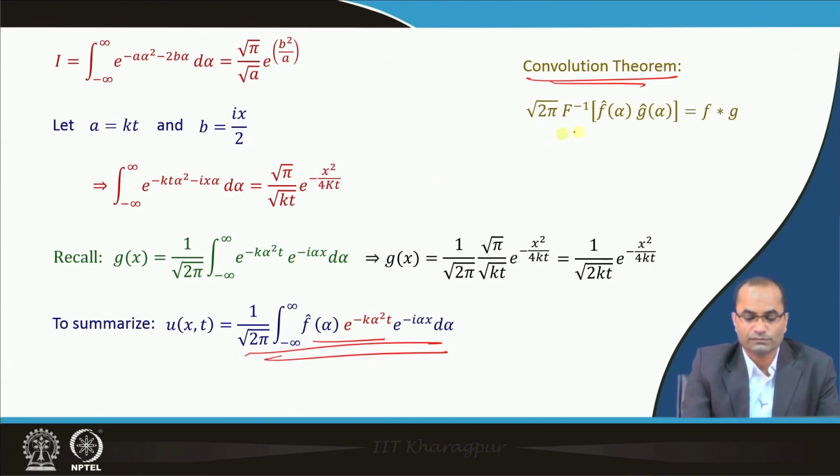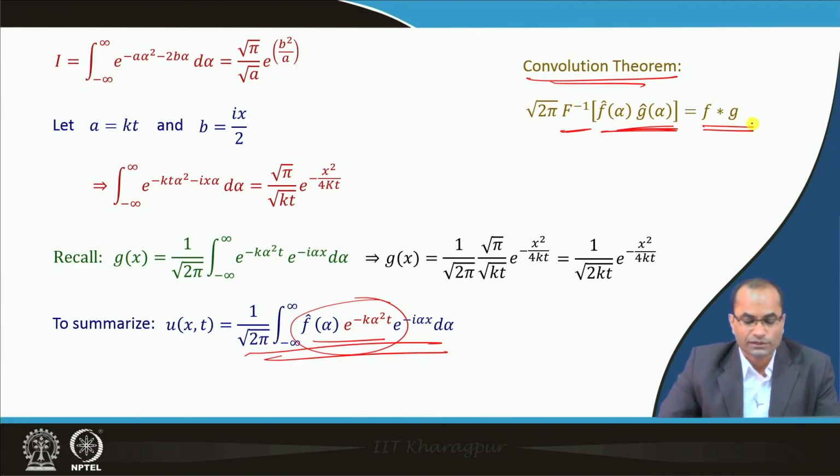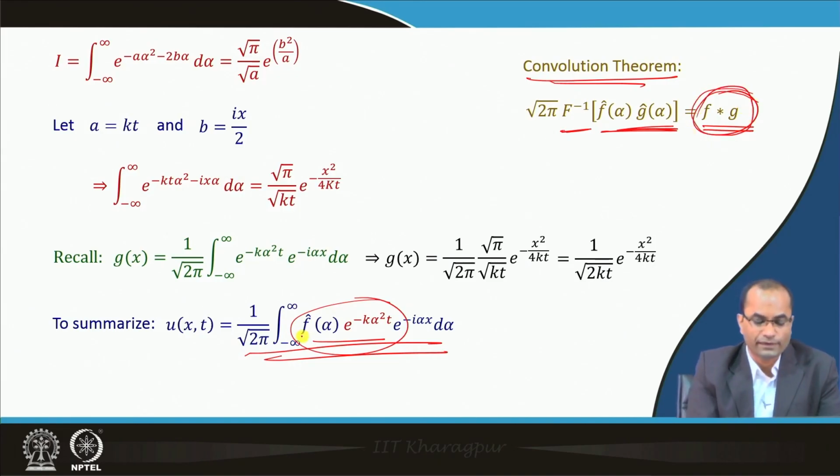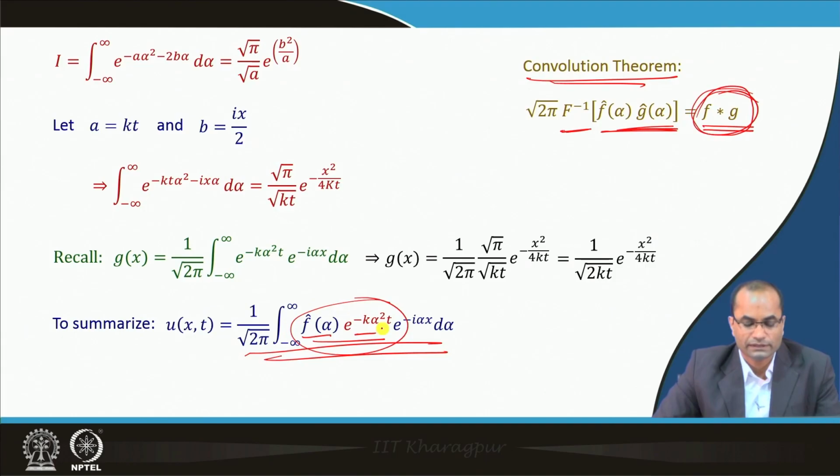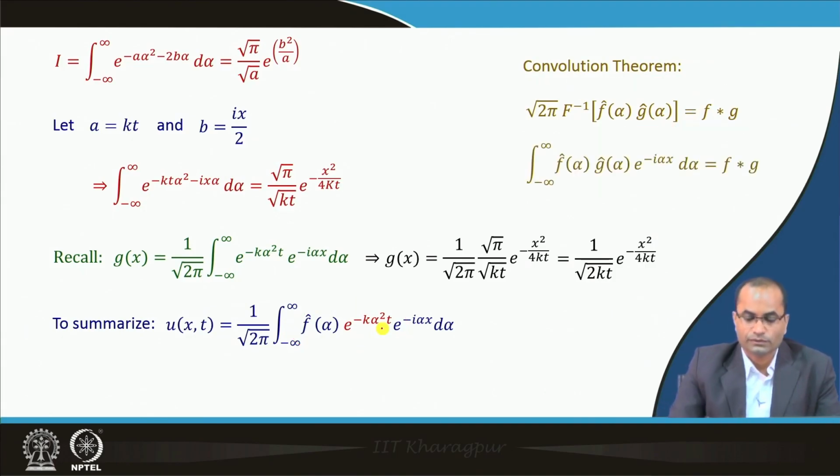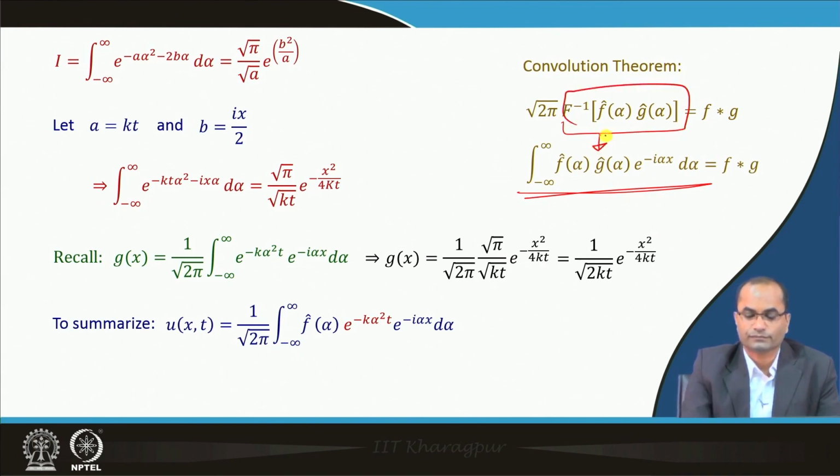The convolution theorem says that the Fourier inverse of this product is equal to f star g. So, we have to just now get the convolution of f and g. So, that means this integral here, which is written just as this Fourier inverse, and then square root 2 pi will get cancelled naturally.